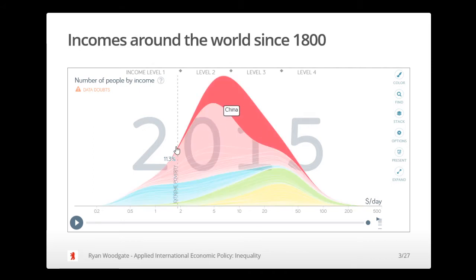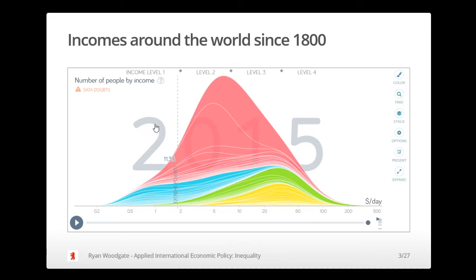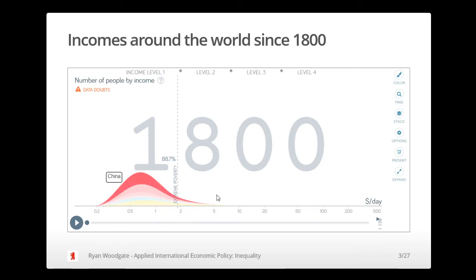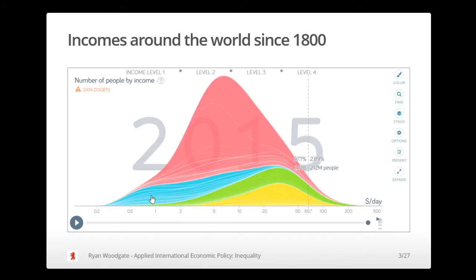But we also see the distribution of incomes around the world as a whole has grown considerably between 1800 and today. It's not that we have this same shape shifted upwards, maybe a bit higher. No, we've also seen the width or the variation of the distribution grow quite considerably as well.